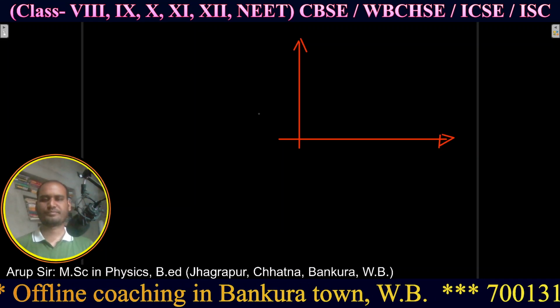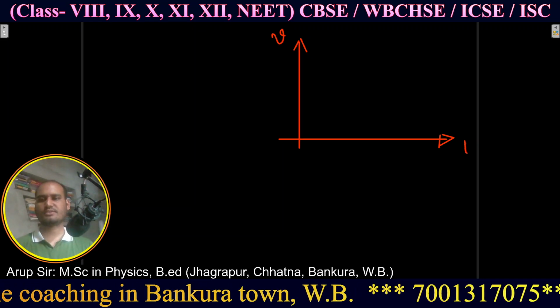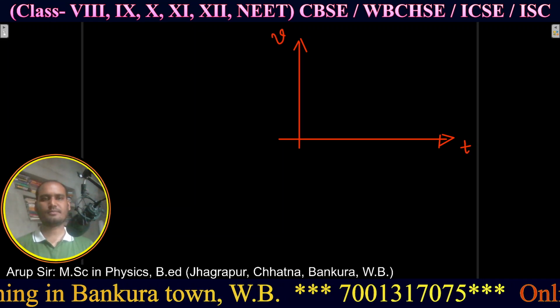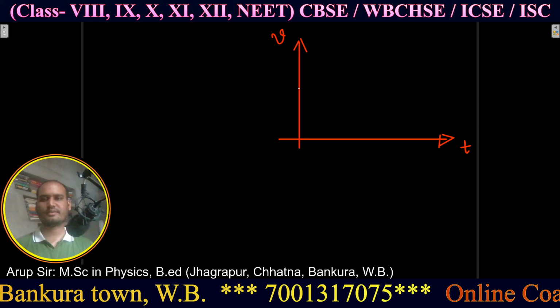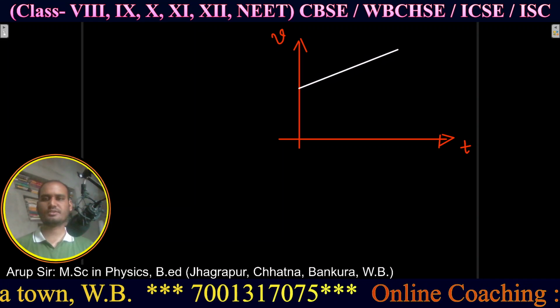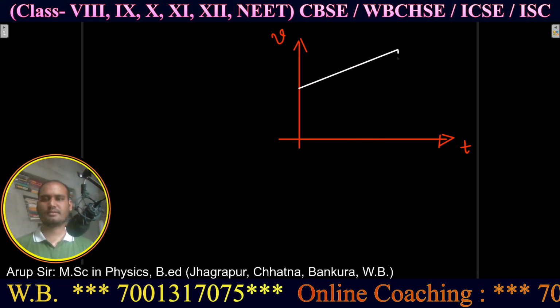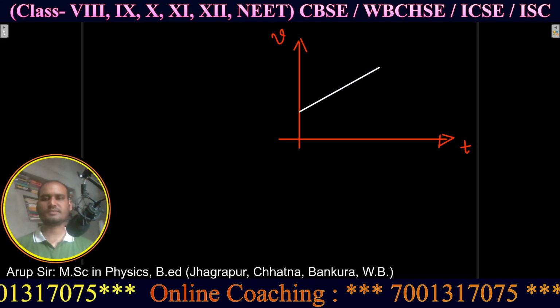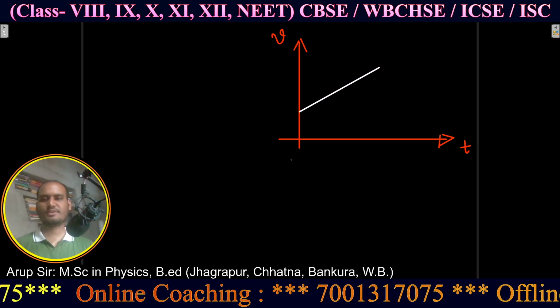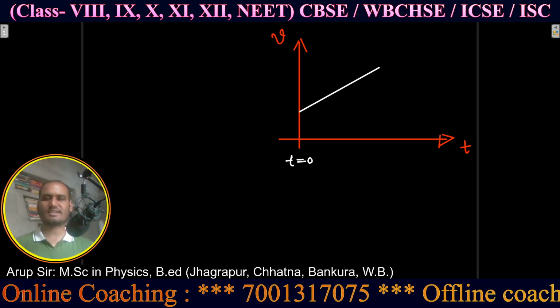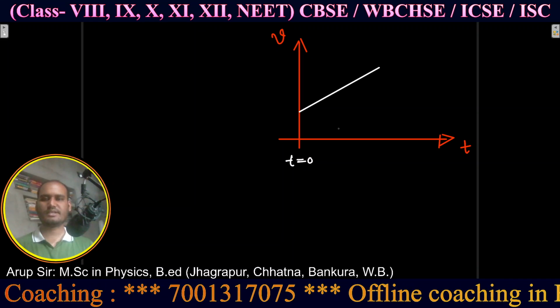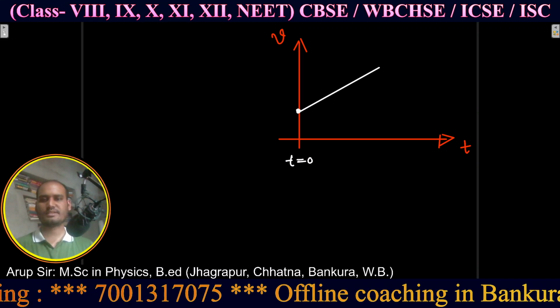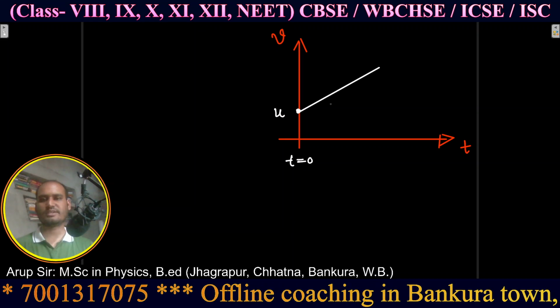Okay, this one is v, velocity, and this one is t, time, and I am drawing a graph. It starts from this position, so let's make it like this. Initially, when t was 0, the velocity is the initial velocity, the starting velocity, which is u, let's suppose.